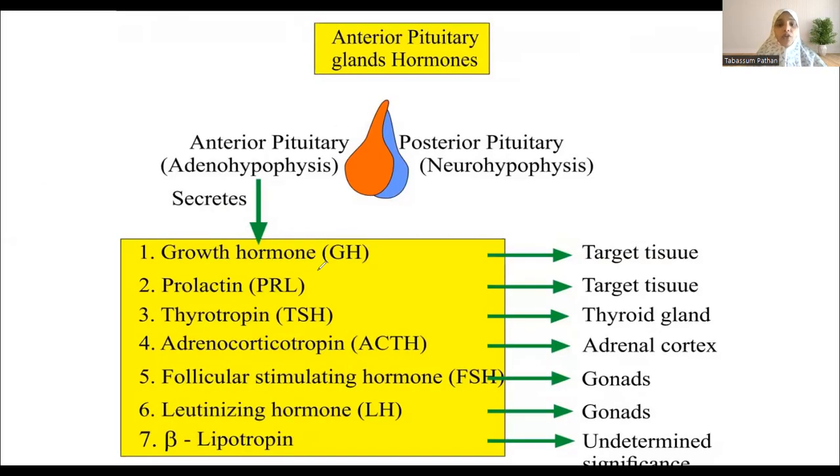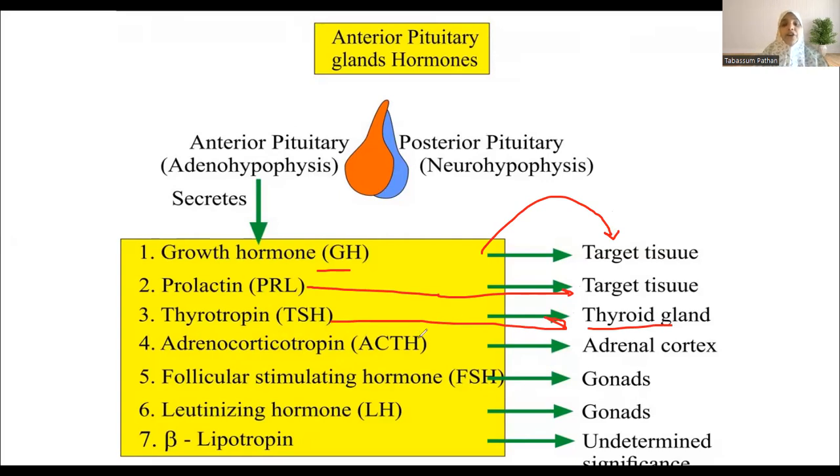For example, the growth hormone will cause growth of the target tissue. It can be any tissue from head to toe which has to undergo growth. Prolactin, again, acts on general tissue of any part of the body. Thyrotropin hormone, obviously, their target organ will be what? The thyroid gland. So this hormone will go and activate the thyroid gland to produce thyroid hormone. Adrenocorticotropic hormone will go and activate or trigger the adrenal cortex.